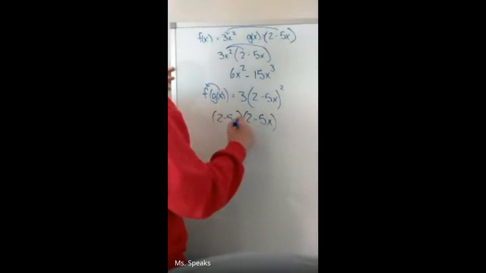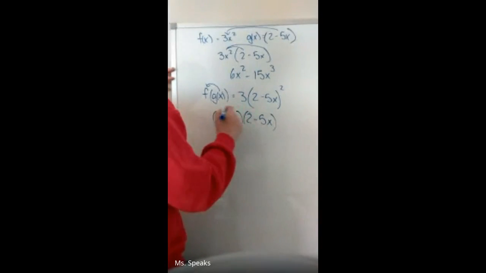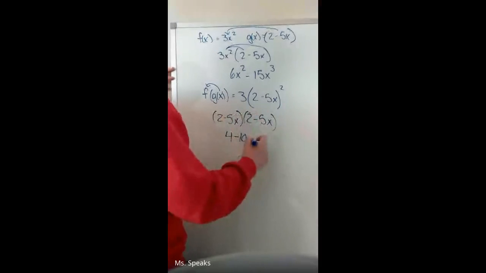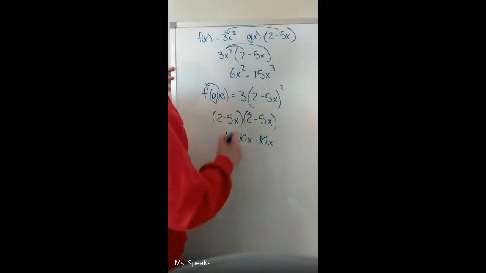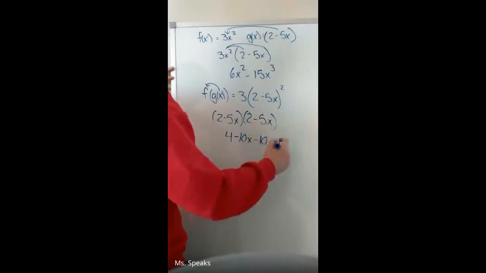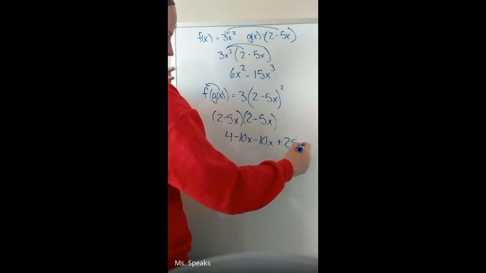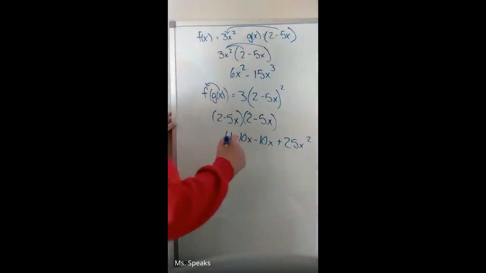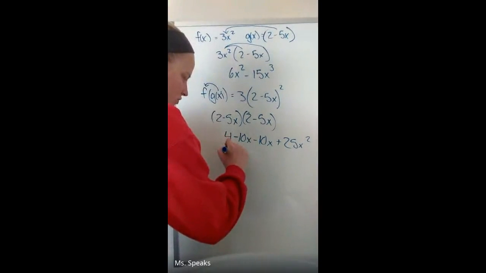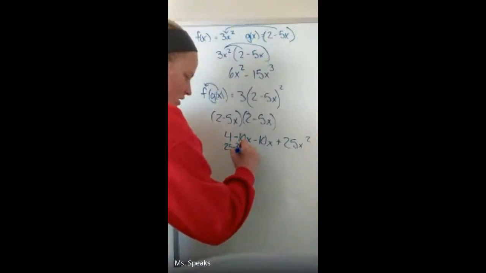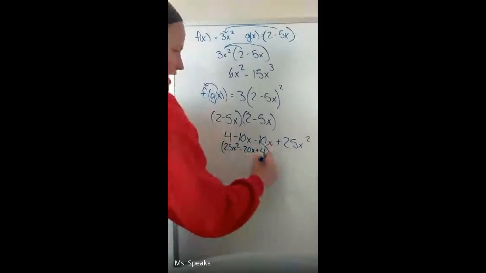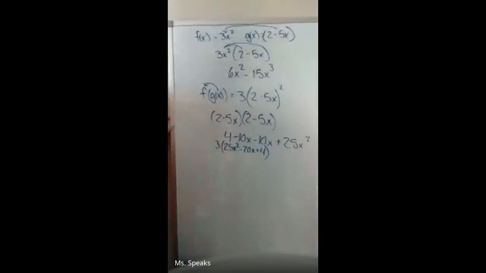Okay, so we do that. 2 times 2 is 4. 2 times negative 5x is negative 10x. Negative 5x times 2 is negative 10x. And then negative 5x times negative 5x would be positive 25x squared. All right, so I'm going to write that in standard form. So I'm going to write 25x squared minus 20x plus 4. And remember, that is all still multiplied by 3.